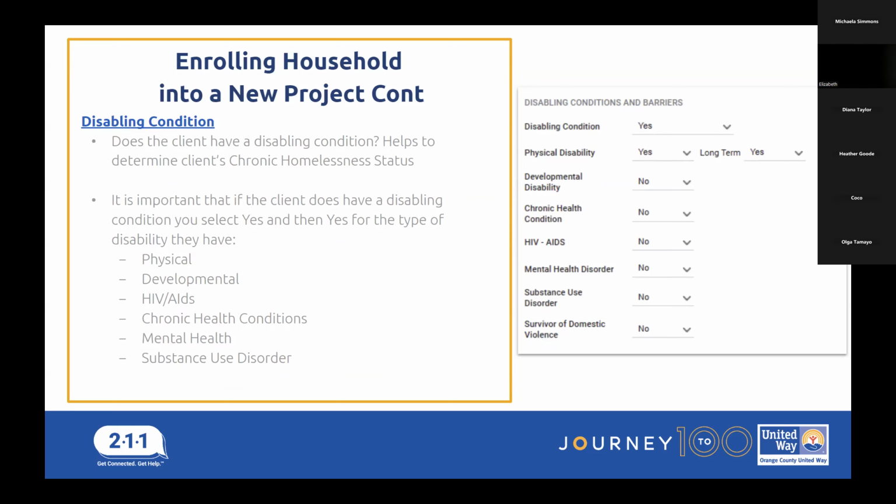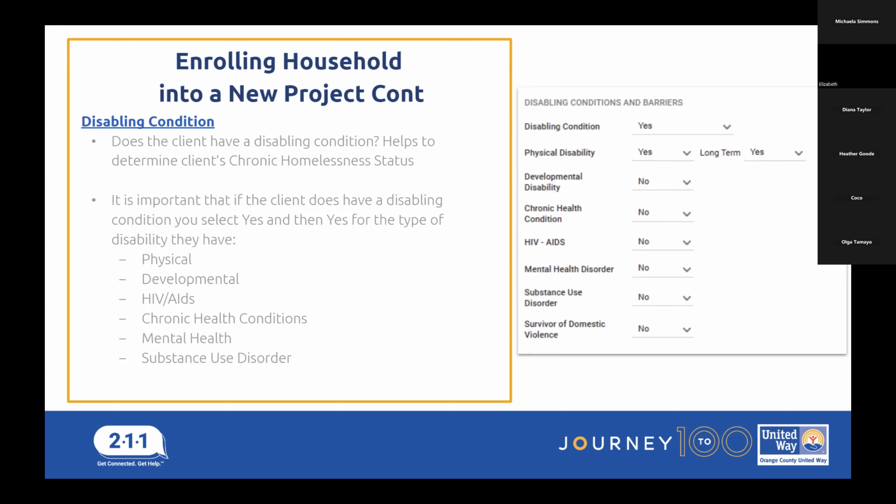Next set of fields is disabling condition. Does the client have a disabling condition? This is used to determine a client's chronic homelessness status. It is important that if the client does have a disabling condition, you select yes, and then yes for the type of disability that they have and whether it is a long-term condition.